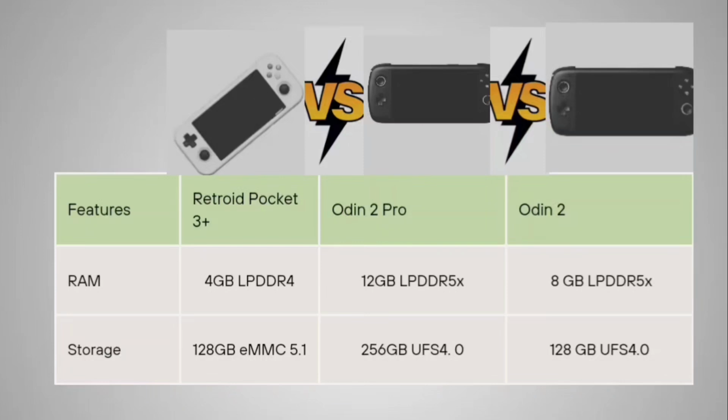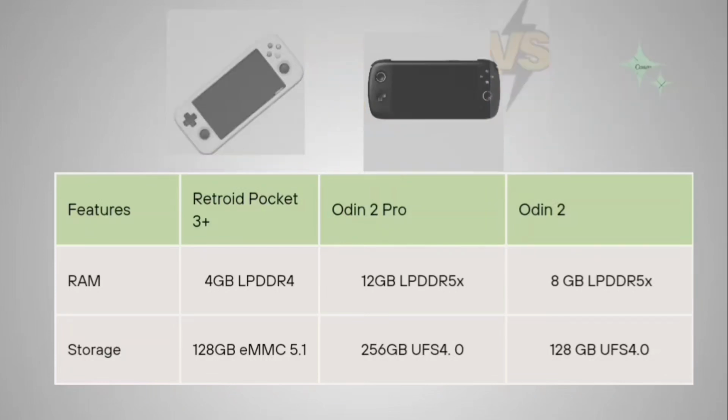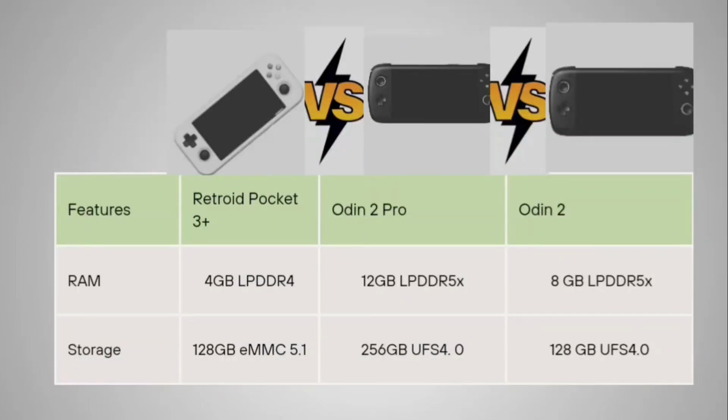Now coming to storage, the Retroid Pocket 3 Plus has 128 GB eMMC 5.1, the Odin 2 Pro has 256 GB UFS 4.0, and the Odin 2 has 128 GB UFS 4.0.